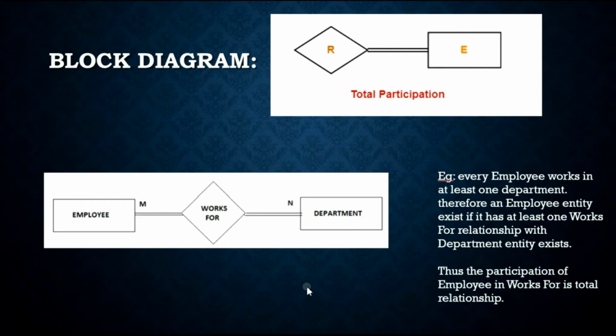Every student is a part of a particular department. We are part of the data science department. Some other students might be part of the law department. Every student within the campus is under a particular department, and because of this it can be termed an example of total participation, because every entity is involved in at least one department.